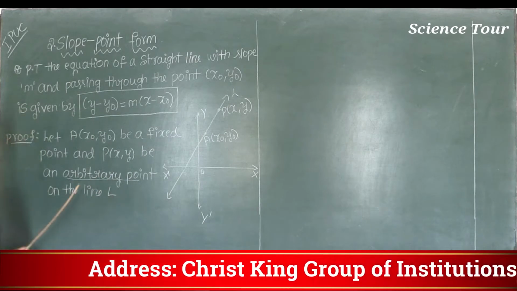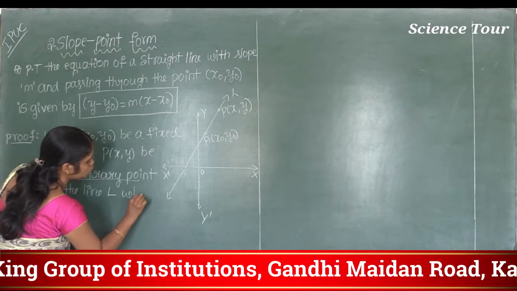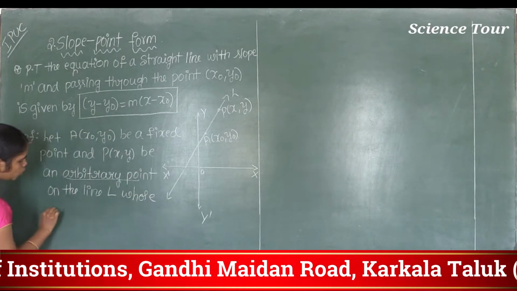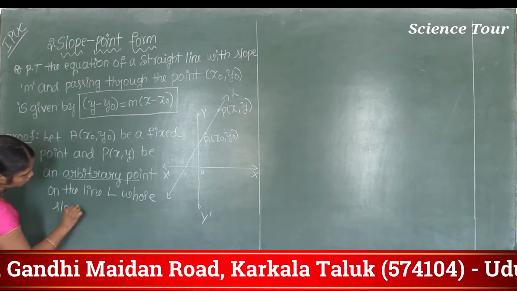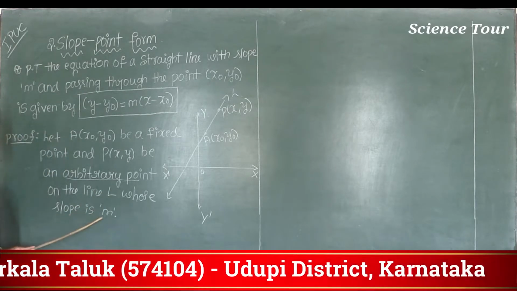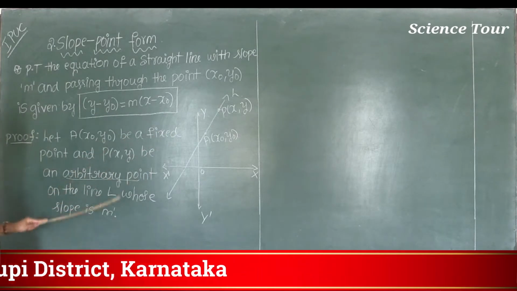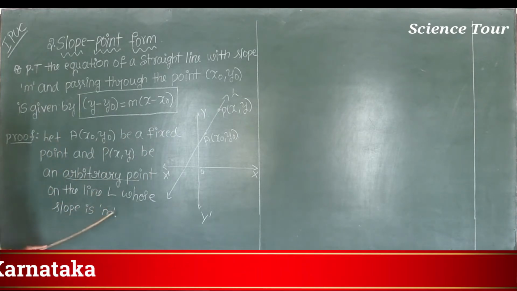The line L is the line whose slope is m. So m is the slope of this line L, I will consider. So this is the introduction. What introduction have they given?